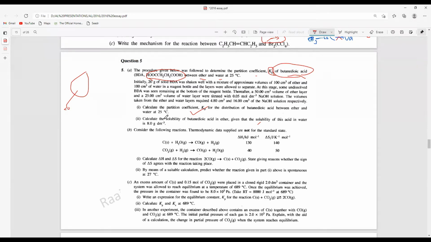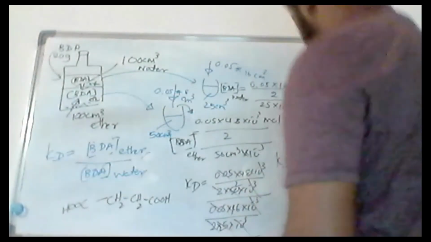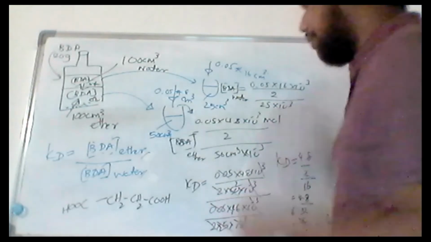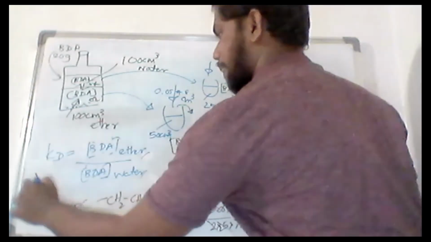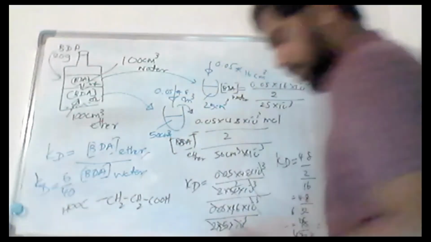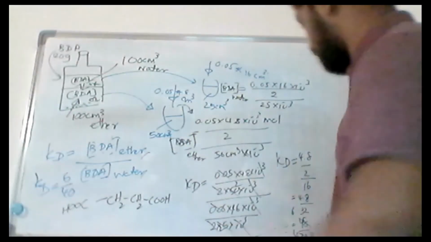Then the tricky part. Calculate the solubility of butanedioic acid in ether, given that the solubility of this acid in water is 8 grams per decimeter cubed. Okay, now think about this for a while. So we have the Kd value, which is 6 over 40 or 3 over 20, whatever it is.